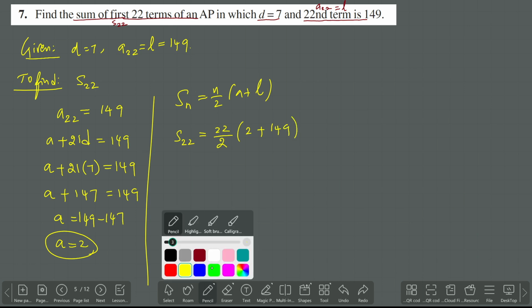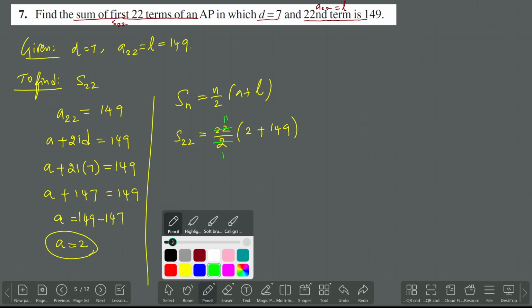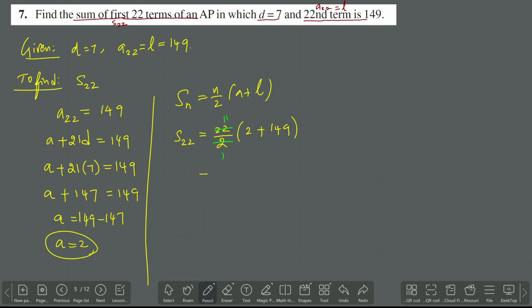When I cancel 2 with 22, I am getting 11. So 11 multiplied by 151 gives 1661. That means the sum of the first 22 terms is 1661.